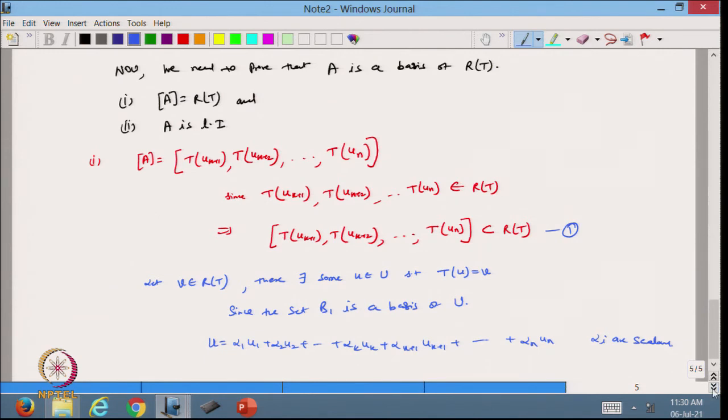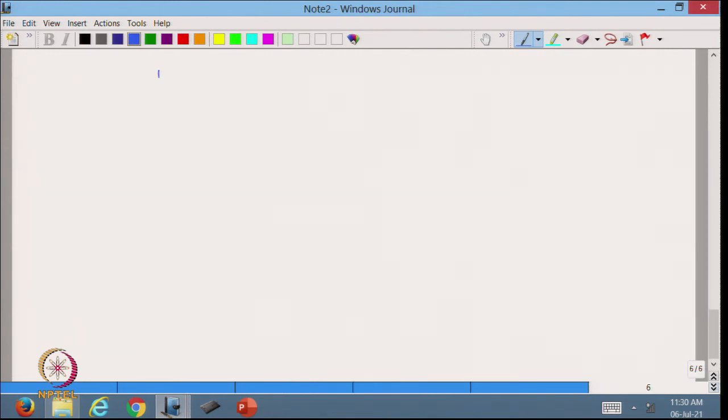Now from here I can write T(u), which becomes T of alpha_1 u_1 up to alpha_k u_k, alpha_{k+1} u_{k+1} up to alpha_n u_n.